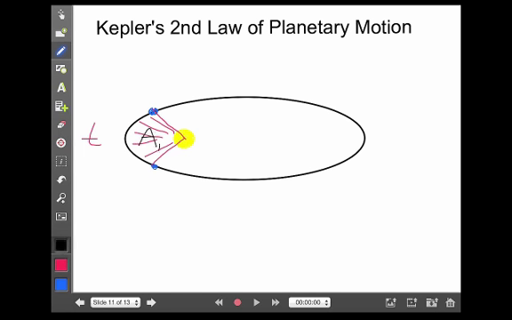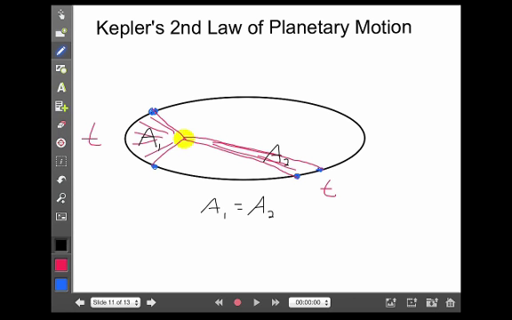Okay, I'll just call it A1. Now, if I wait for my planet to be somewhere else, let's say right here, and I draw my line again, and now I wait that exact same amount of time, well, it's farther away, so it's moving slower, so it may not get as far along the arc, but again, if I draw this line and I carve out this area here, those areas are equal.